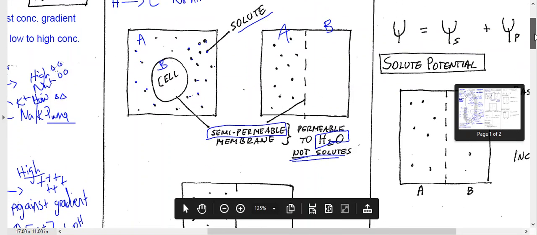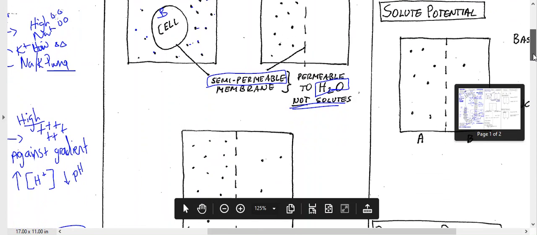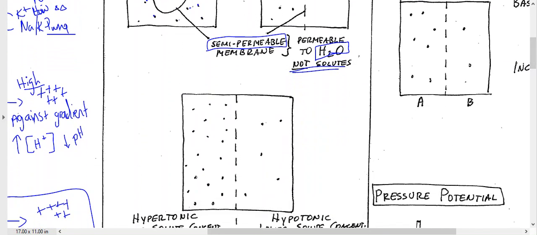For kind of a helpful hint, anytime you have a semi-permeable membrane, I want you to assume that the solutes are not going to be able to go through unless they're hydrophobic.